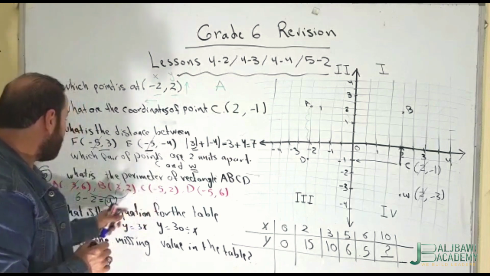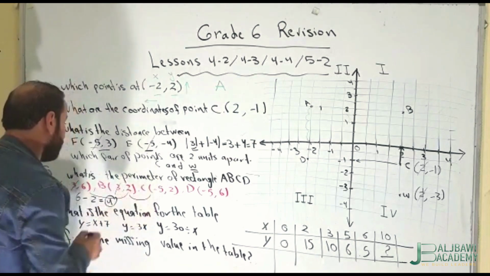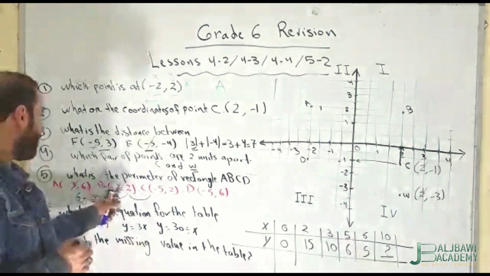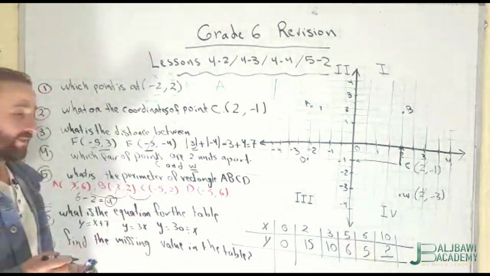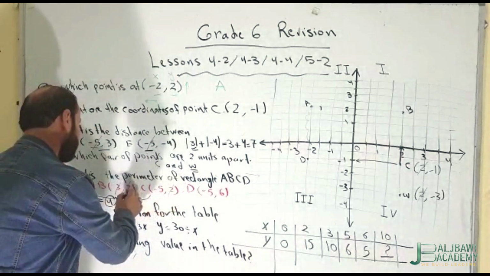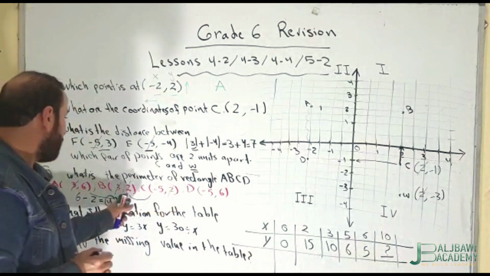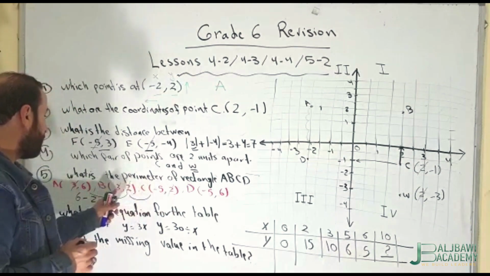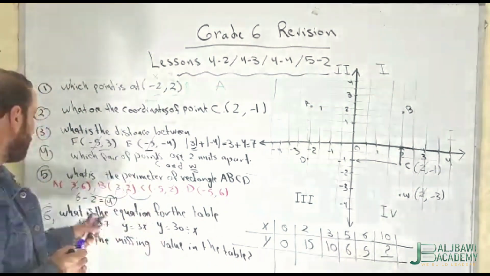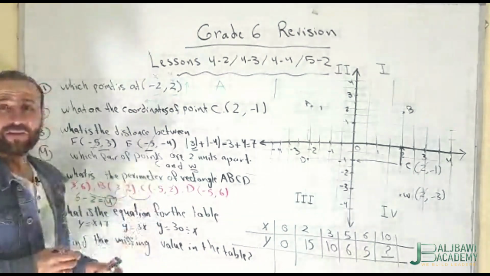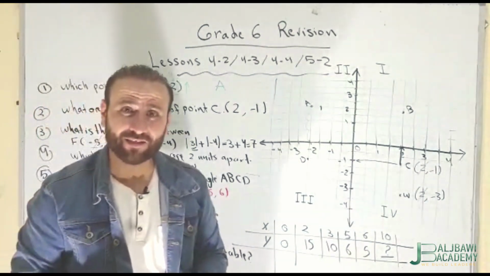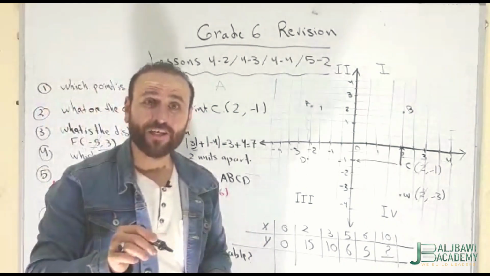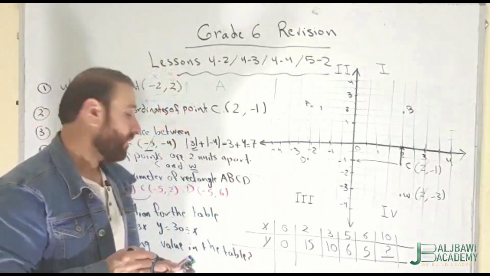Now the distance between the second point and the third point, the distance between B and C. B and C have the same y coordinate, so I look at the x coordinates, which are 3 and -5. They have different signs, which means they are in different quadrants, so in this case I add their absolute values.